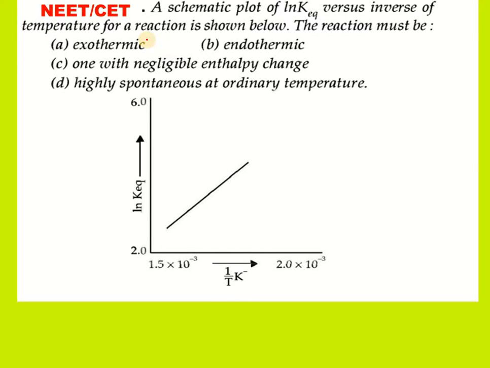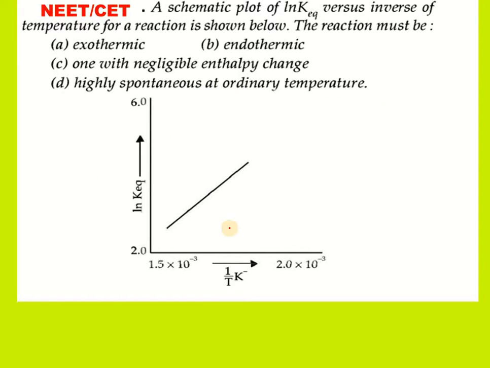See the next question. A schematic plot of ln K equilibrium versus inverse of temperature for a reaction is shown below. The reaction must be exothermic, endothermic, one with negligible enthalpy change, or highly spontaneous at ordinary temperature.